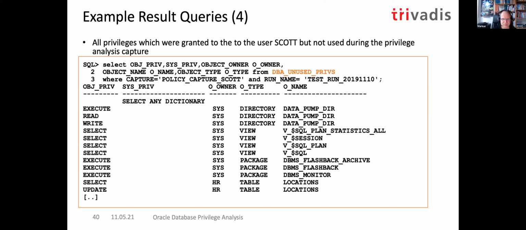If you see the privileges on the Data Pump directory or on flashback, I think the EXP_FULL_DATABASE role was granted to Scott or something similar. These privileges have not been used during the tests. Keep in mind, it was always during the tests. And if your tests are not sufficient, there may be other situations in which the privileges may be required.